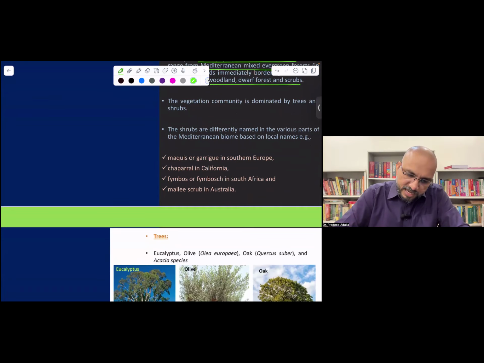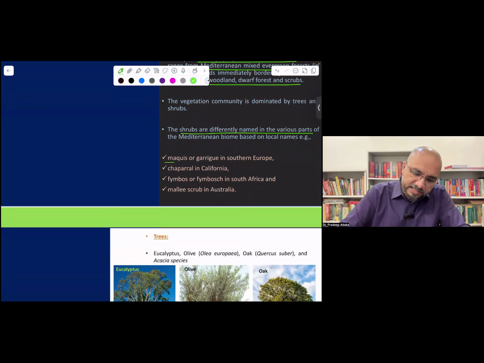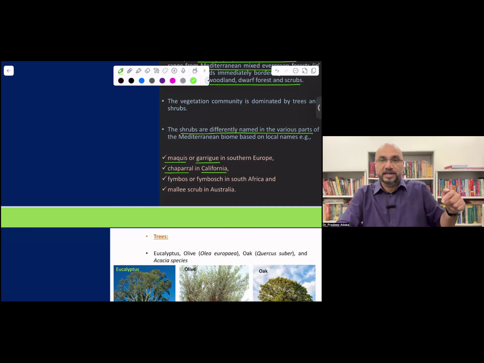So shrubs are differently named in various parts of the world. So these shrubs are known by different names in different regions. They are called maquis and garrigue in southern Europe. They are called chaparral in California, because California is near Mexico.